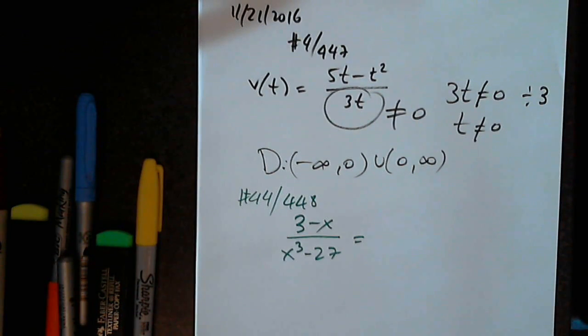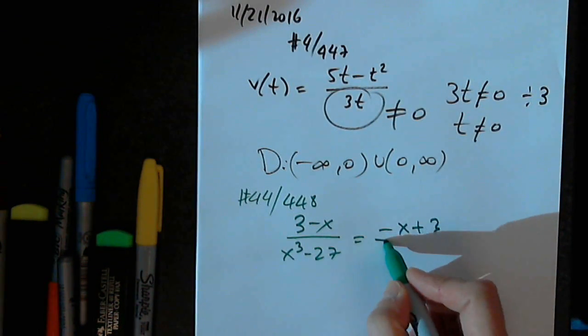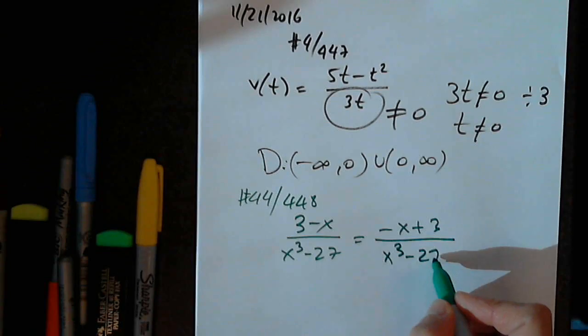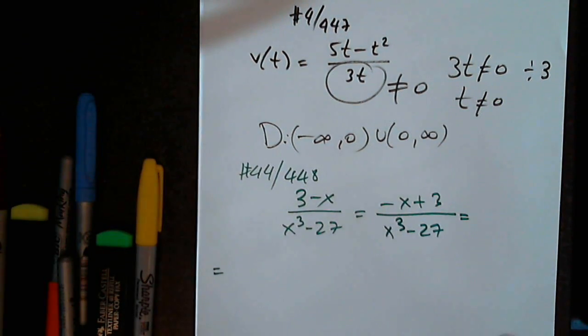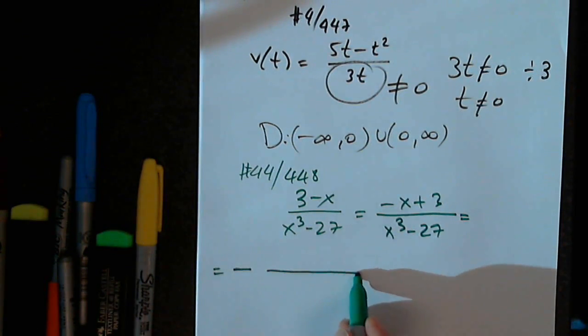Which one do I not like? I prefer the bottom. I don't like the numerator because it's not in decreasing order. So negative x plus 3 divided by x cubed minus 27. I still don't like the numerator because of the leading coefficient. Excellent. So I have to factor it out, and I will put it in front of the fraction line.